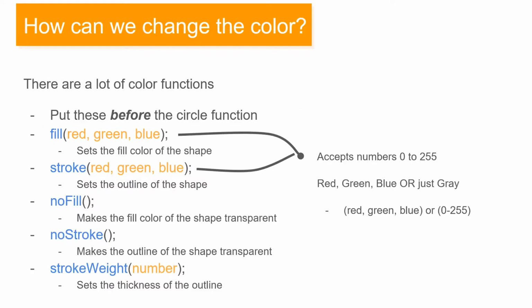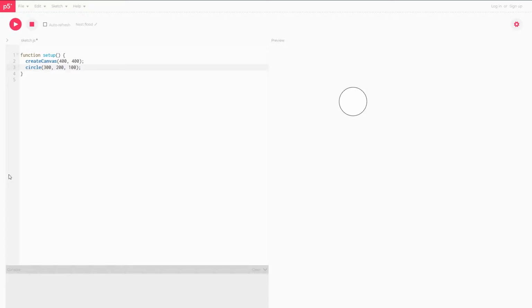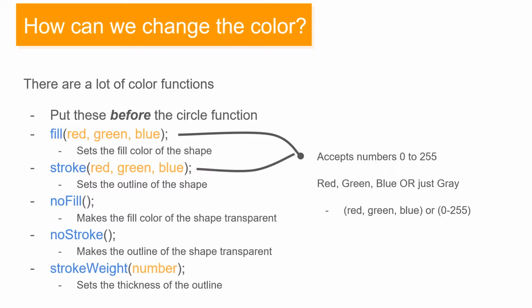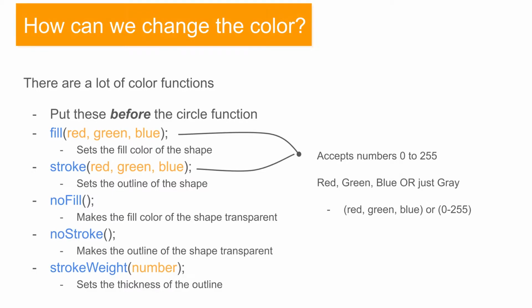The next thing you might want to do is change the color. You already have a circle on the screen, but right now it is just a white circle with a black outline, and maybe you want to switch this. One way to switch that would be to specify something before we type in the circle function. If we go over here, we can see we have a few options to choose from. Of course, these aren't all the options, just some of them that I picked out to show you.